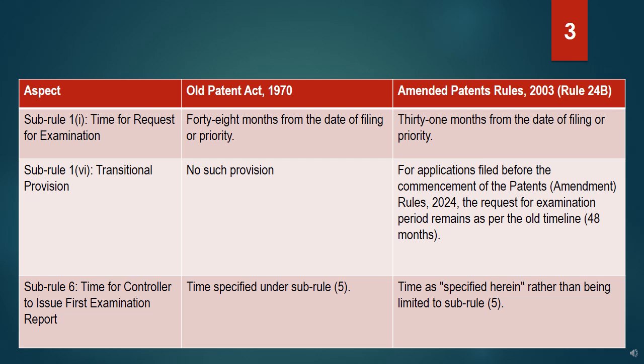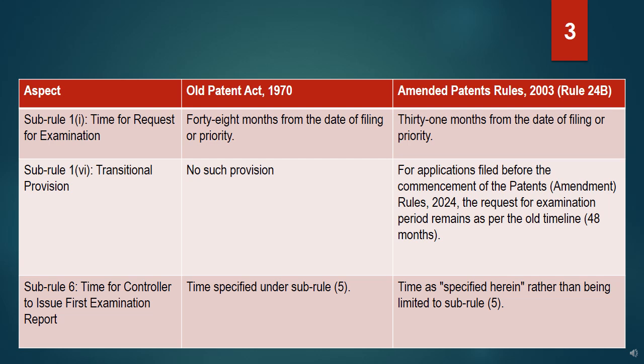Summary of key changes. Means summary of this amendment. First one is the time to request a patent examination is shortened from 48 months to 31 months for new applications. Second one, older applications filed before the 2024 amendments will still follow the old 48-month timeline.